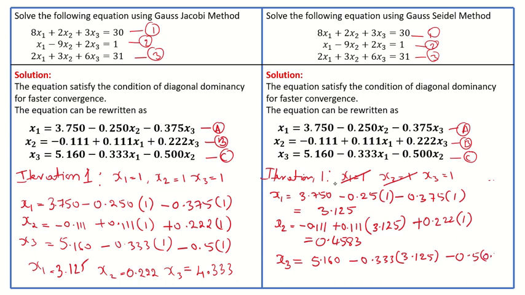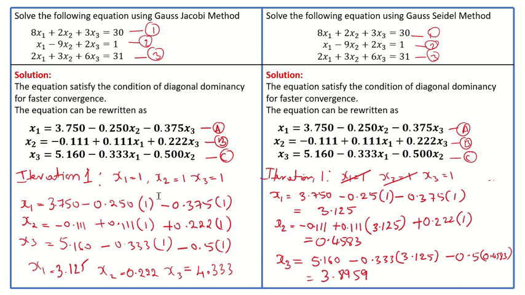So I am going to substitute that, and you are going to get the value of x3 as 3.8959. So this is what you are going to get, the value of x1, x2, x3.